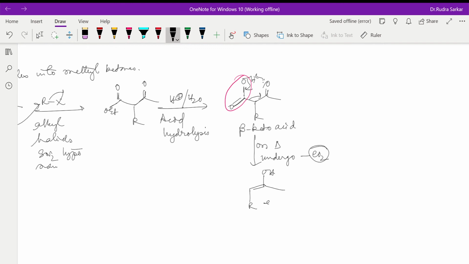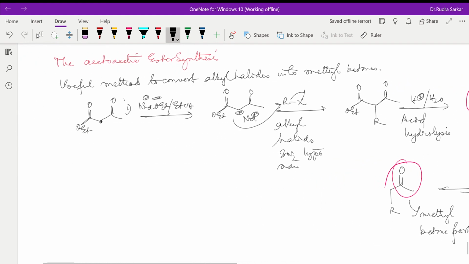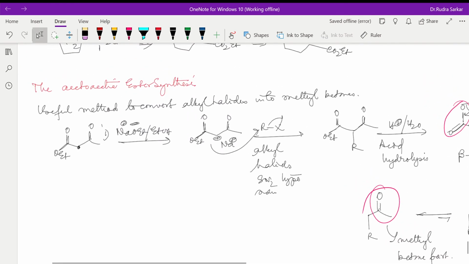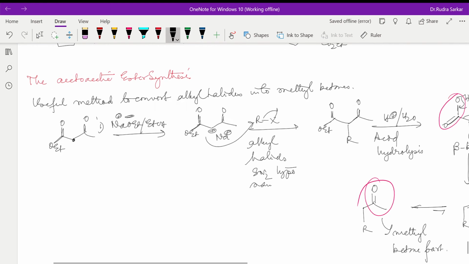This is an enol, and enols tautomerize to keto compounds. So this is your methyl ketone part. Okay. So as I have discussed, the method is useful for conversion of alkyl halides to methyl ketones.